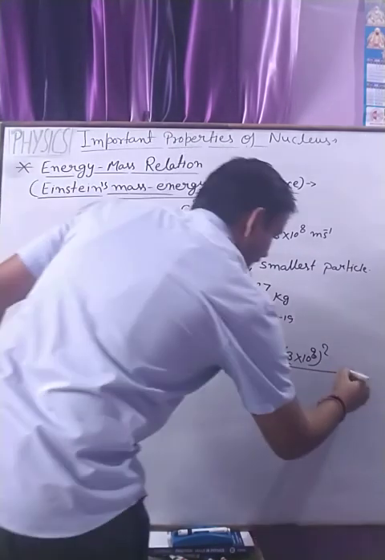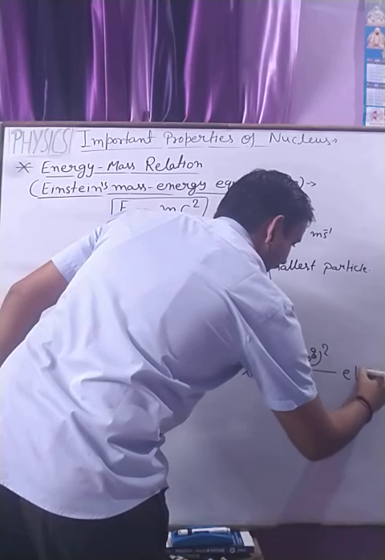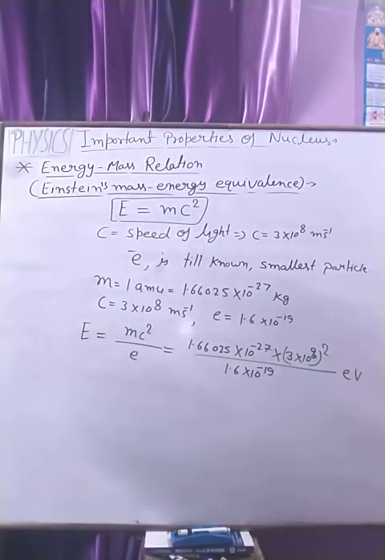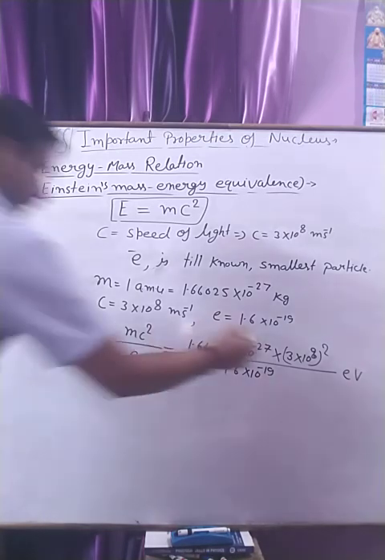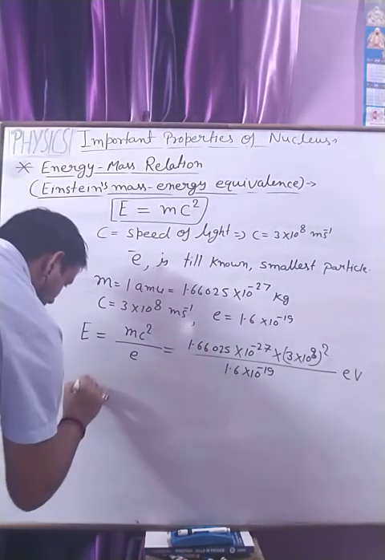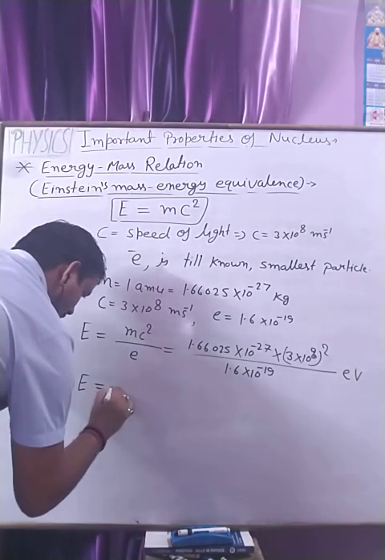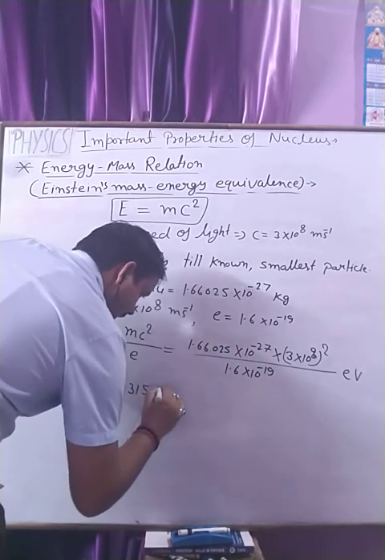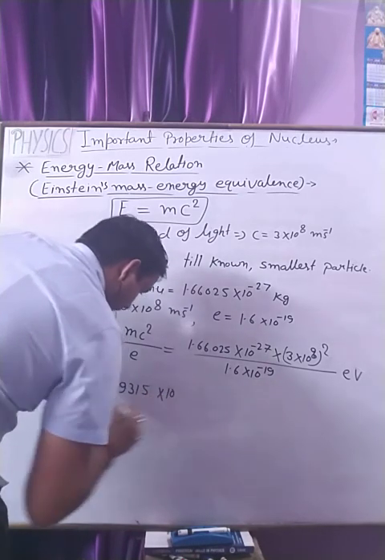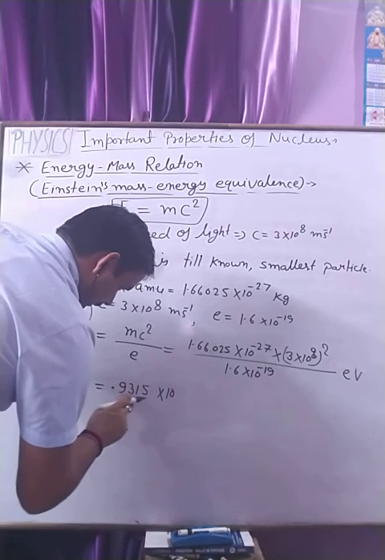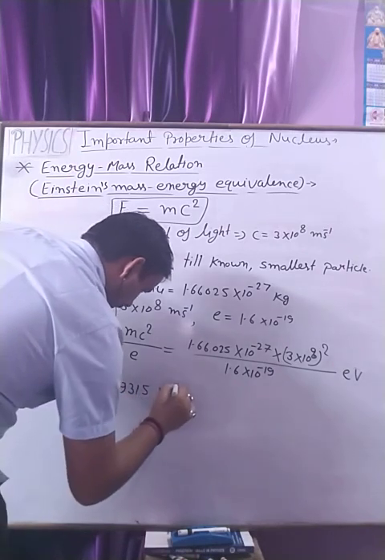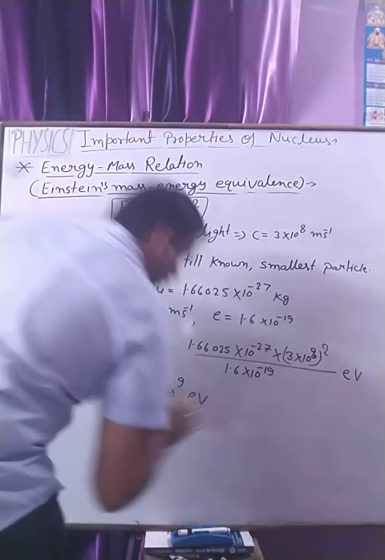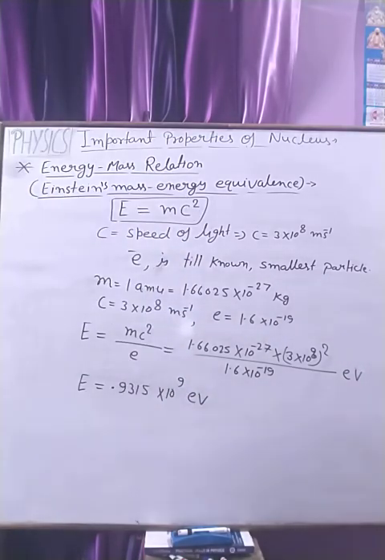This value we get in electron volt. The result will come in electron volt. This we calculated as E is equal to 0.9315 into 10 to the power 9 electron volt.